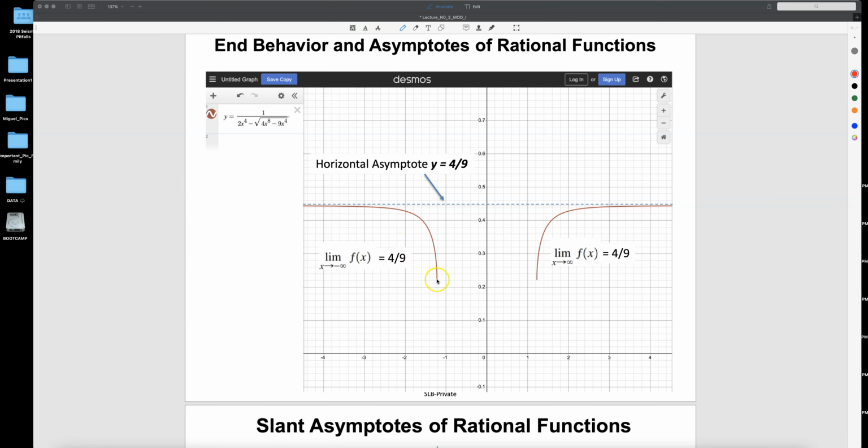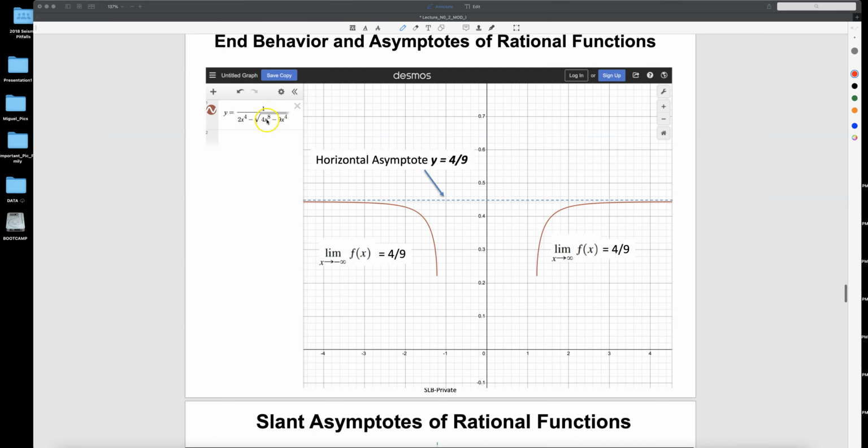If you look at the graph and you consider either a very large positive number or a very large negative number, a number that in magnitude grows and grows, you can see in the graph that the curve that represents this function is going to be limited by this horizontal line, y equals 4/9.